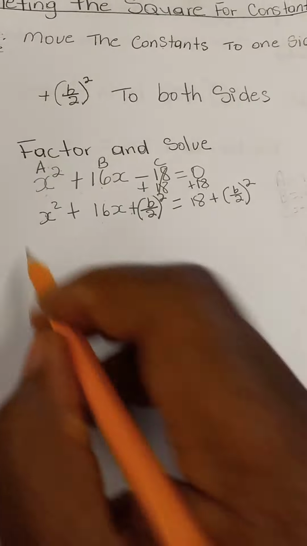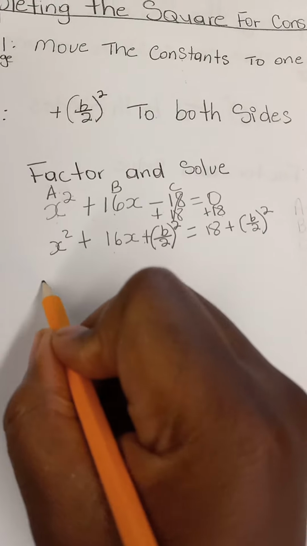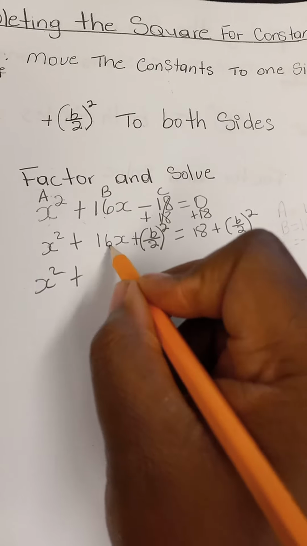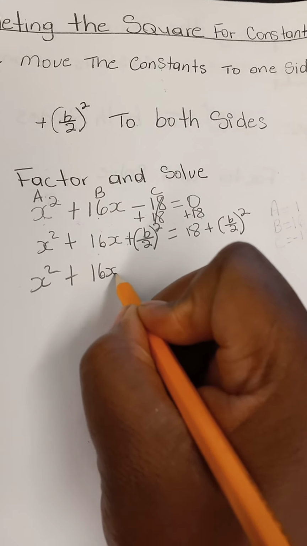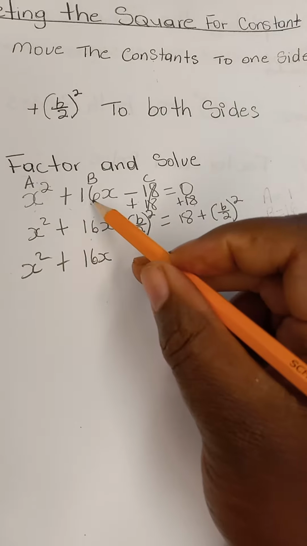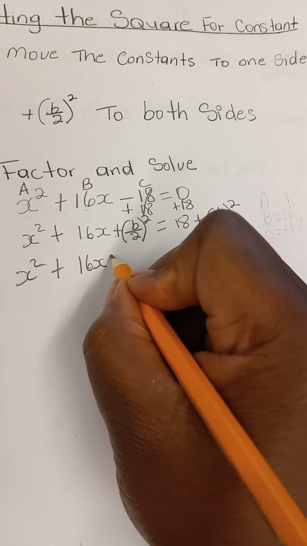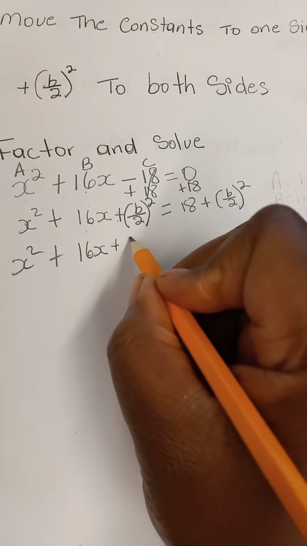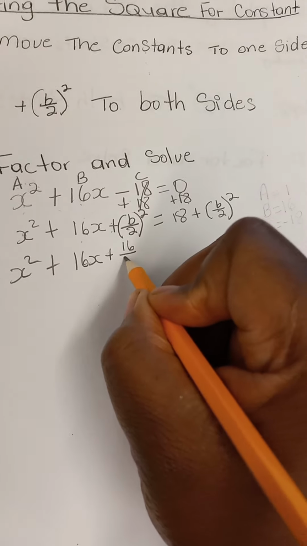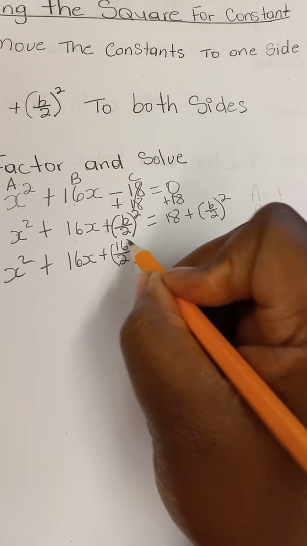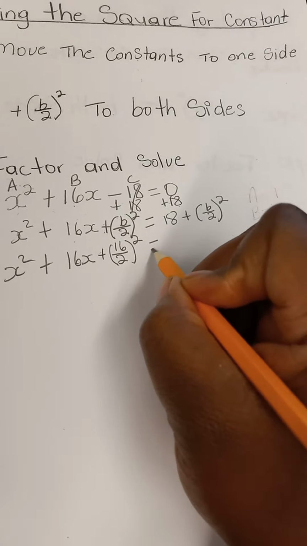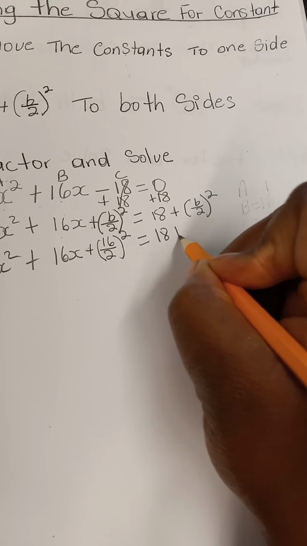So now let's rewrite this. I have my x squared plus my 16x. What is my b? My b is 16. So I'm going to have plus my 16, and I'm going to half it, and whatever I get, I'm going to square it. And I'm going to do that to this other side.